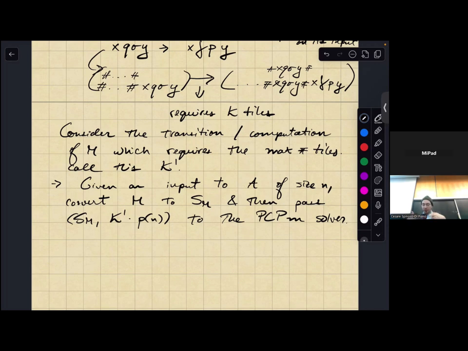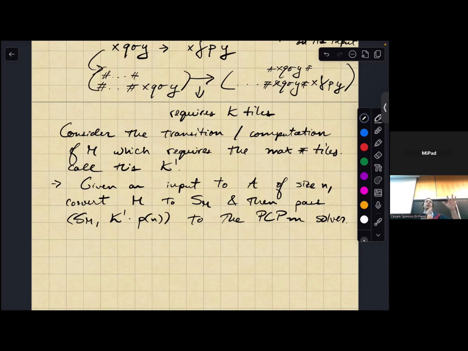And the tiles have been designed such that if M accepts W in P(n) steps, then that's going to be reflected in the solution. Then there's going to be a solution to the PCPm solver.